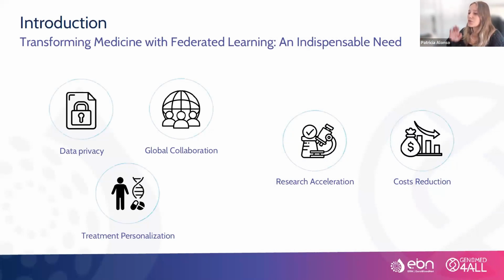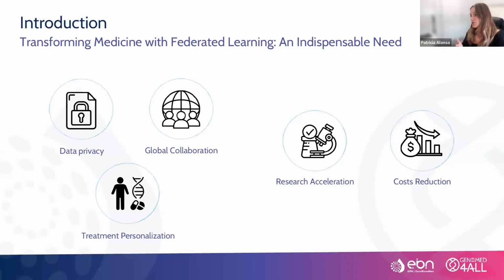I have gathered those challenges that I consider most important in the next slide, and I will try to clarify them. So the first one, I have already mentioned it, and I think it's the first one that comes to our mind when thinking about federated learning, is data privacy. Protecting the privacy of the patient is a must, a priority in the medical field. Traditionally, sharing medical data for research was a risky process because it could expose confidential information about the patient or about the hospital or about the research center.